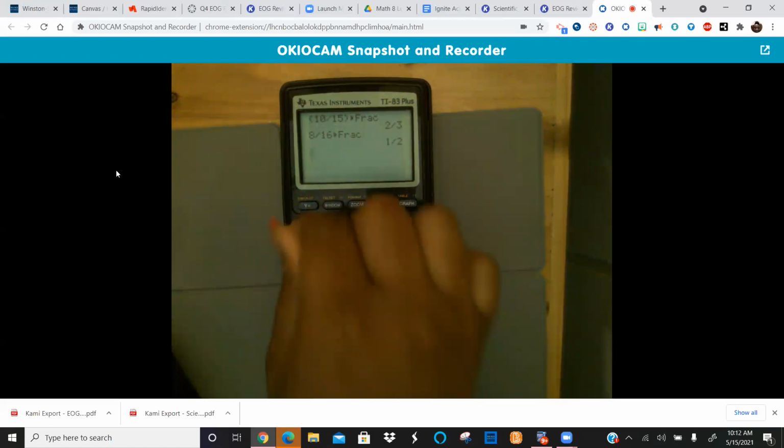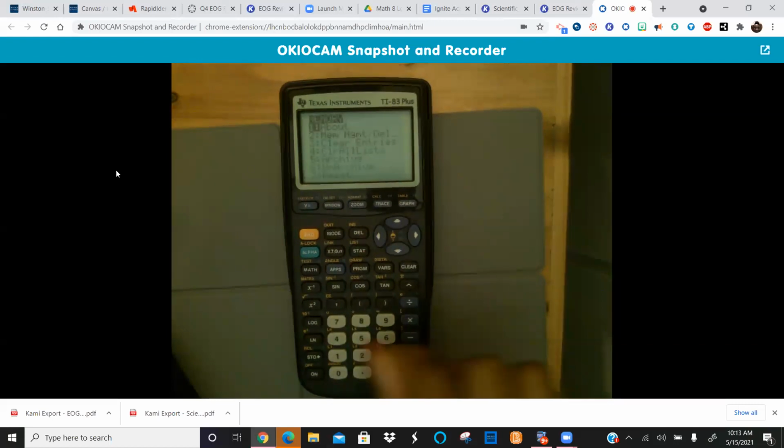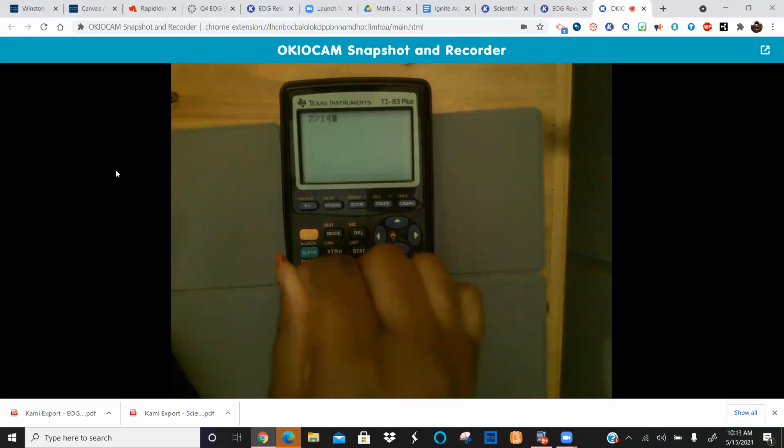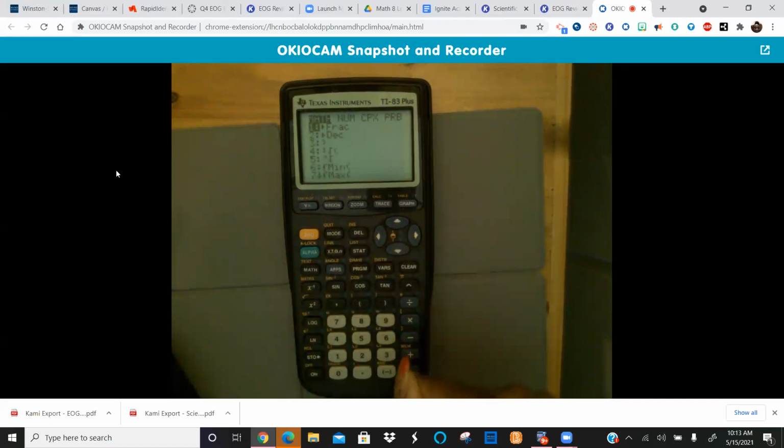So clear your calculator is second plus 7 1 2. To reduce a fraction, we could have, let's do 7 over 14. We got math, enter, enter. All right, we good? Yes, ma'am. All right. Okay.